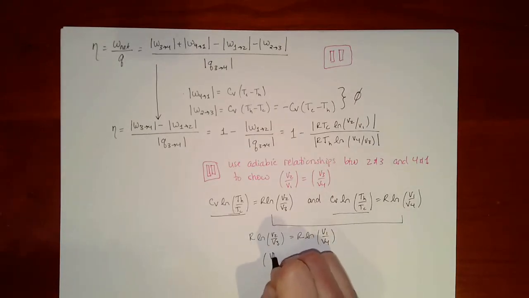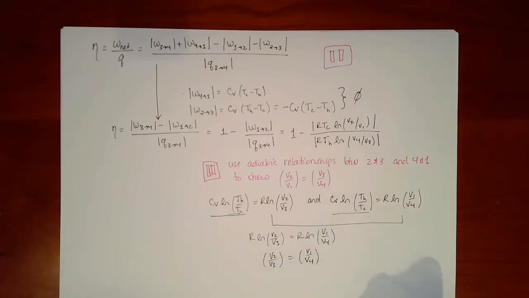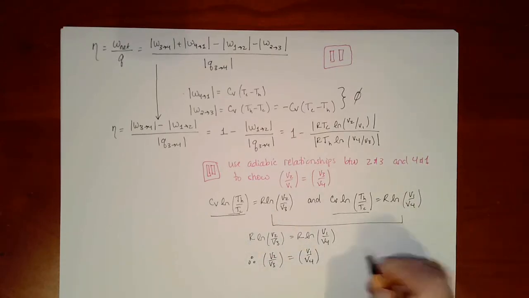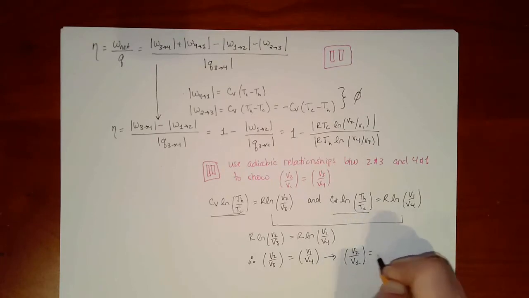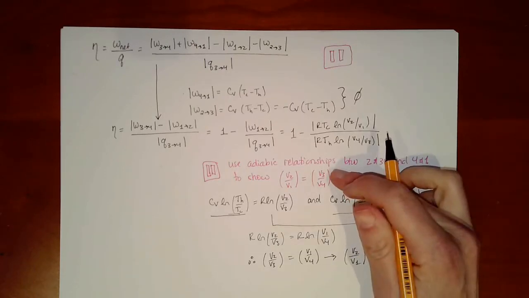So from here I get V2 over V3 equals V1 over V4. And I can just rearrange this to V2 over V1 equals V3 over V4, as we asked you to show above.